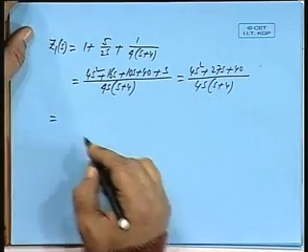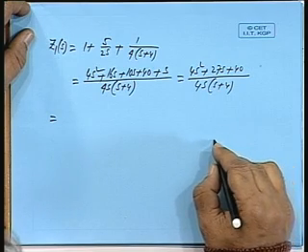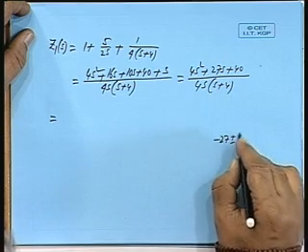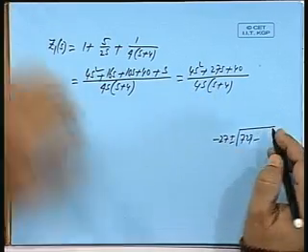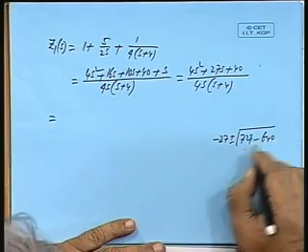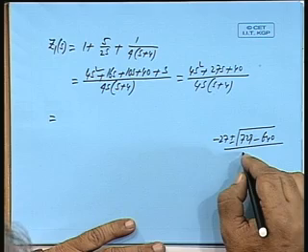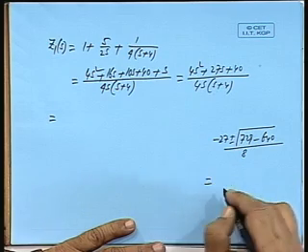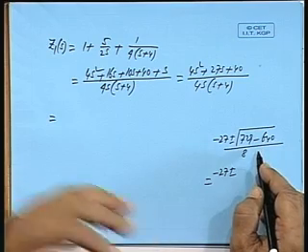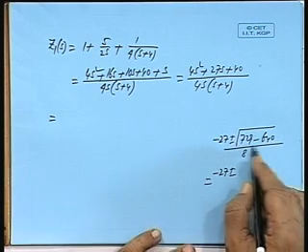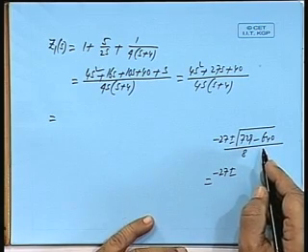So, that gives me minus 27 plus minus 27 square 729 minus 4 into 4 into 40, okay, divided by 8. Is that so? 729 minus 640. So, this is 89.